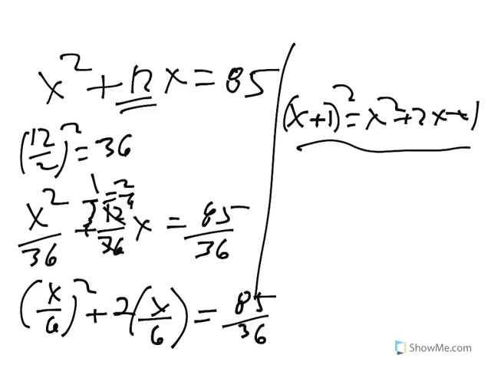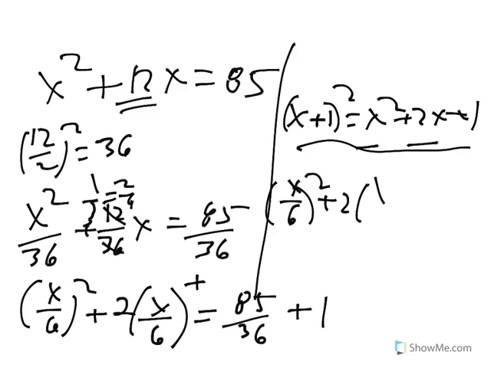Notice how this has the form x squared plus 2 times something. So then you add 1 to both sides, and you get x over 6 squared plus 2 times x over 6 plus 1, equals 85 over 36 plus 1. 85 plus 36 is 121 over 36.